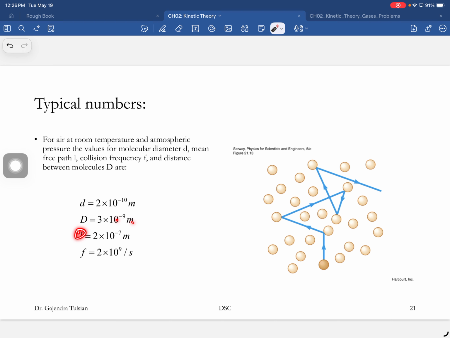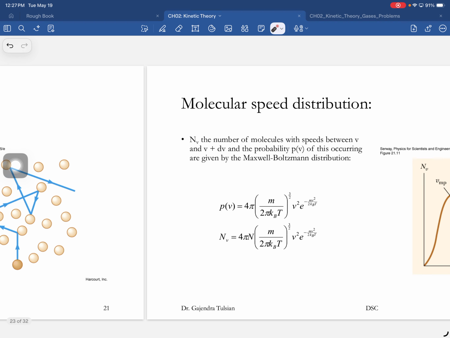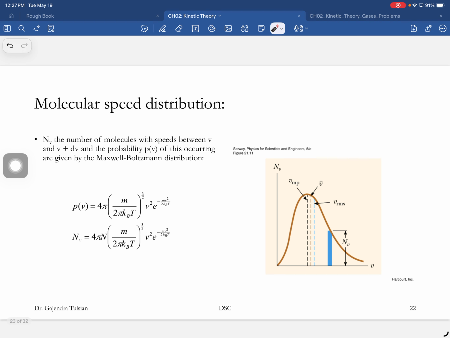The mean free path is 100 times that. So if the molecules are this big, they're this far apart, and they travel the width of the room before they collide. At these densities, the frequency of collision is about 1 billion times a second. Those are the typical numbers for it.